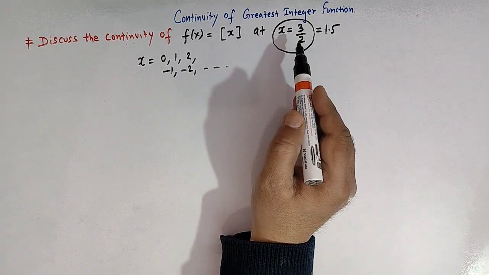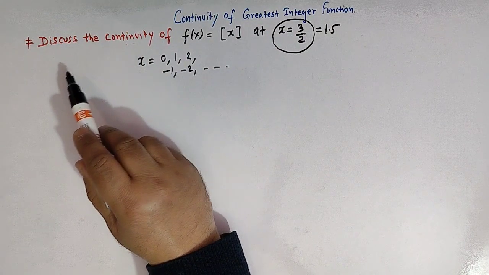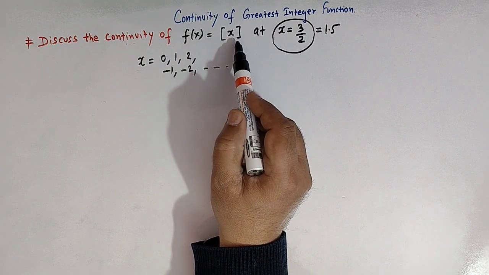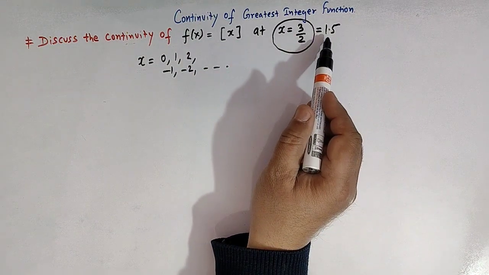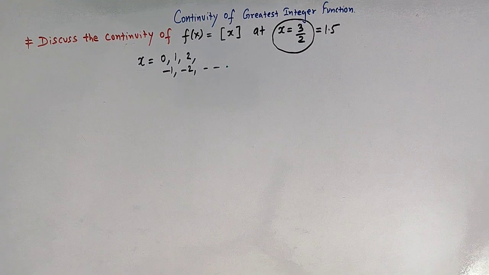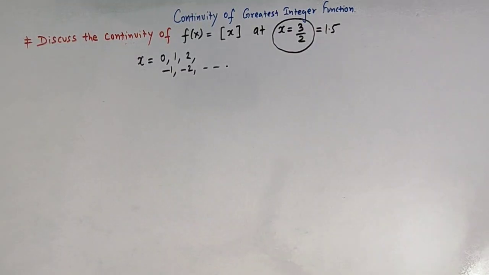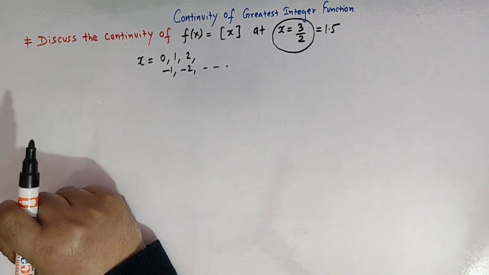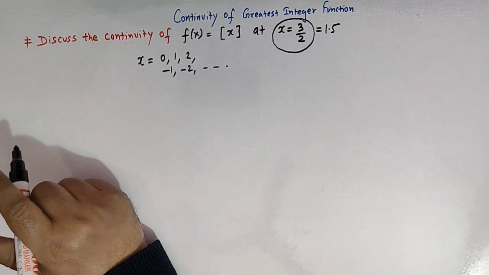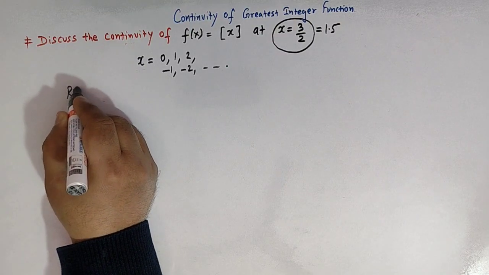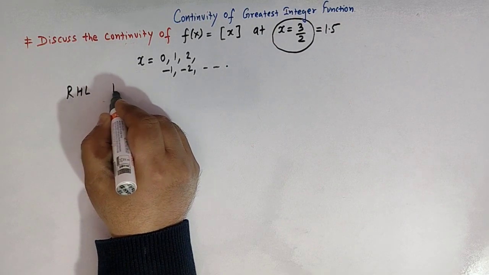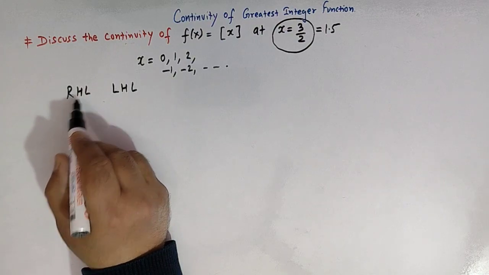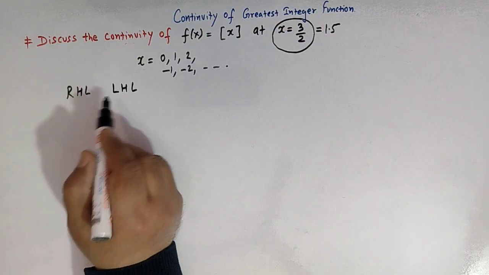So let us see how we can prove the continuity or the discontinuity of this greatest integer function at x is equal to 1.5. In order to prove the continuity of any function, we need to find the right hand limit and the left hand limit, and both these limits should exist, be finite and equal.